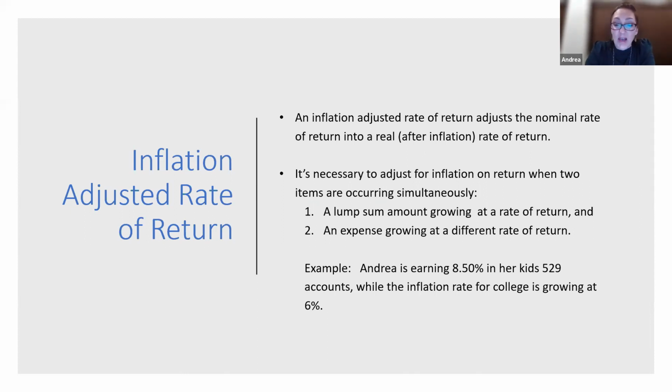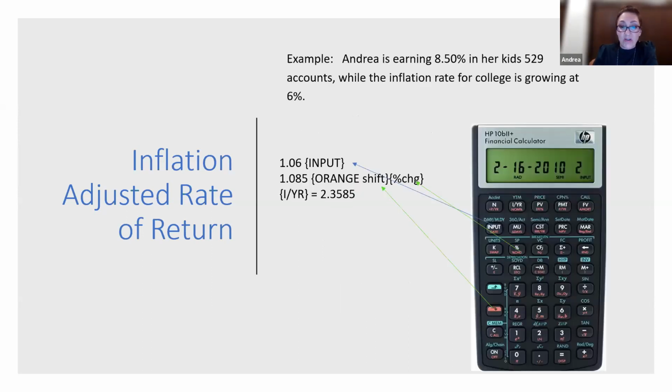And that's when you have a lump sum that is growing at a rate of return in addition to an expense that's growing at a different rate. So I use this as an example. If I am earning 8.5% in my kids' 529 accounts, but the inflation rate simultaneously is growing at 6%, that's when I would need to know what the inflation adjusted rate of return is.